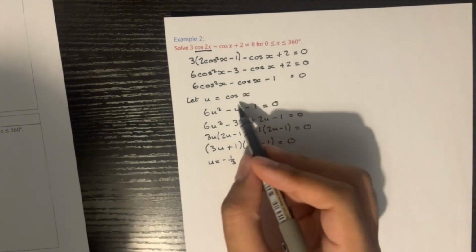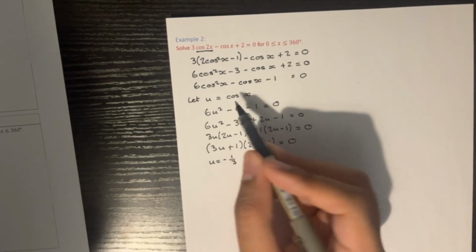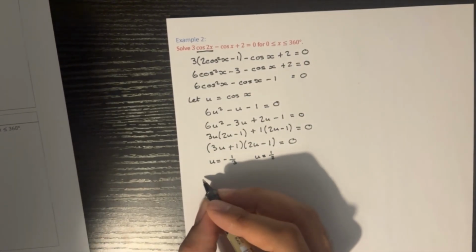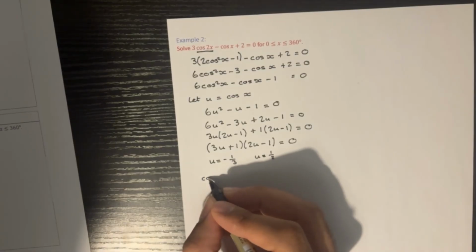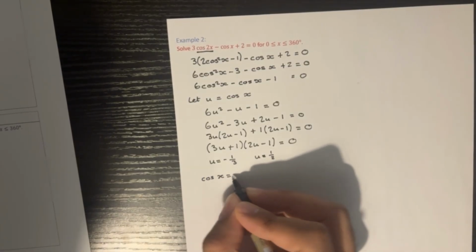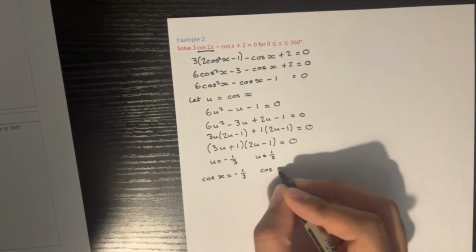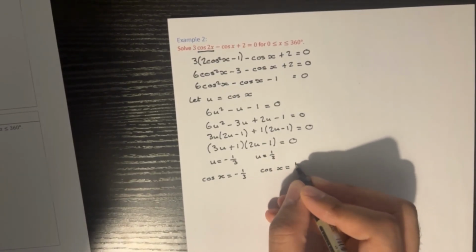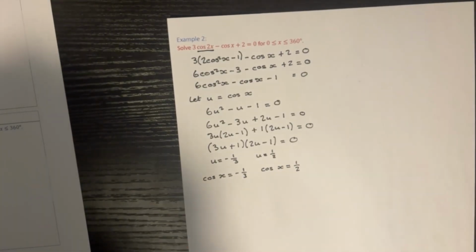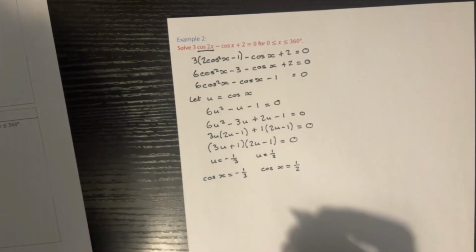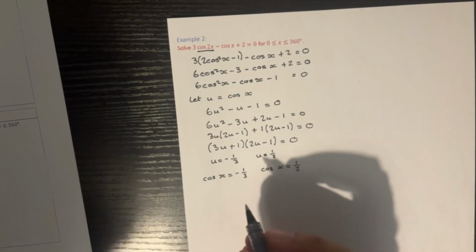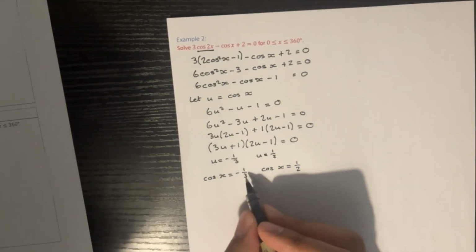Now we need to remember that we said u was equal to cos x, therefore that gives us cos x equals negative a third and cos x equals a half. And to find our values of x, we need to do inverse cos of each of these.